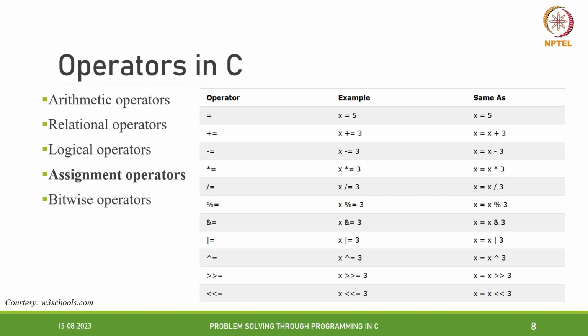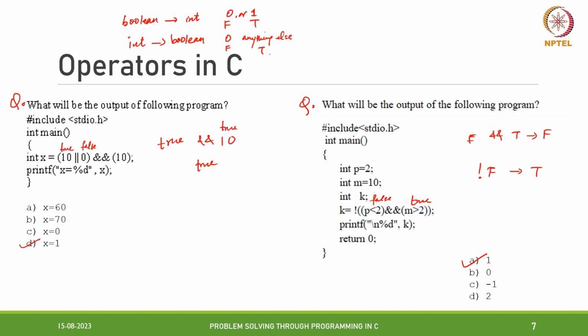Okay. So next we go to assignment operations. Sir, please go to the last slide. Okay, here you have written printf and next line set as d. Is it necessary to write next line?